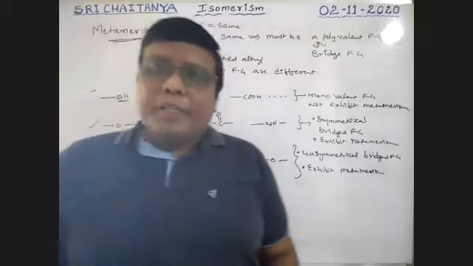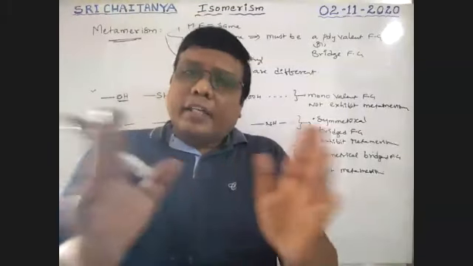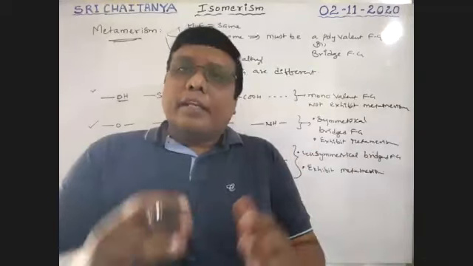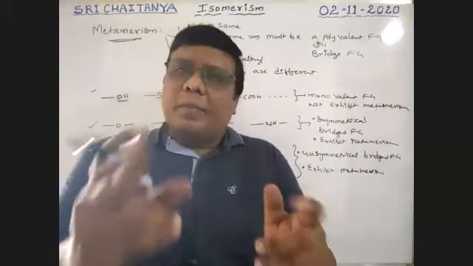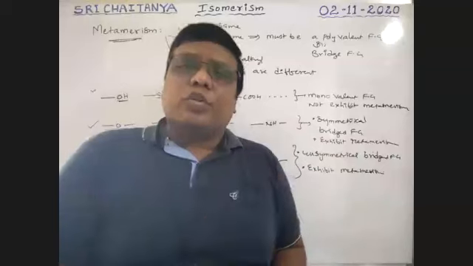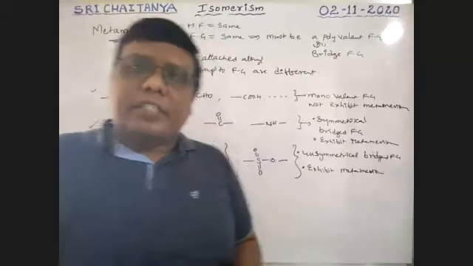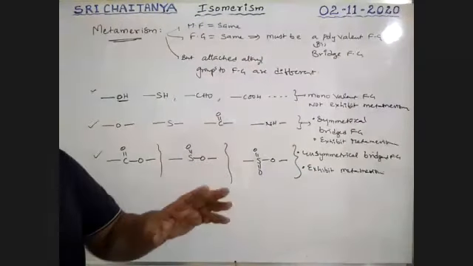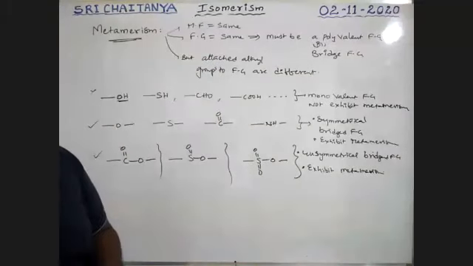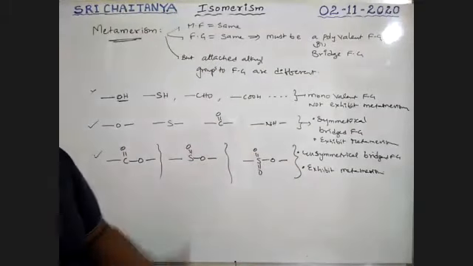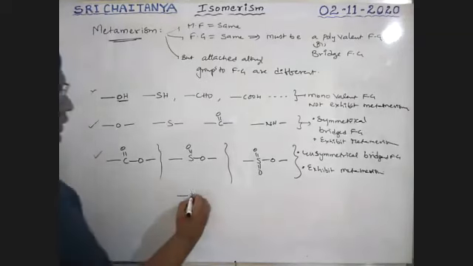So monovalent. That means attached alkyl groups are different. It means at least two alkyl groups must be attached. At least two alkyl groups means a minimum of two free valencies is required from that functional group, boys. So only polyvalent functional groups give this metamerism. I'm writing here divalent, and that is NR.